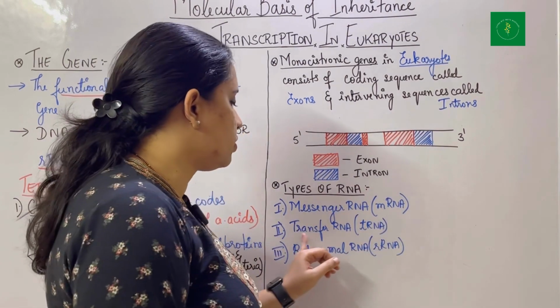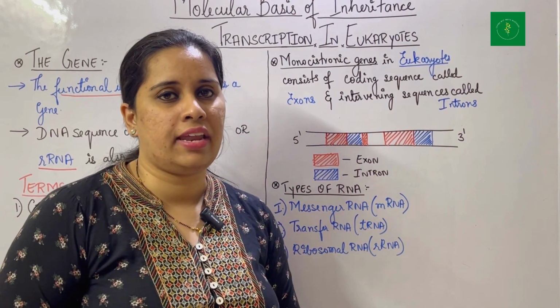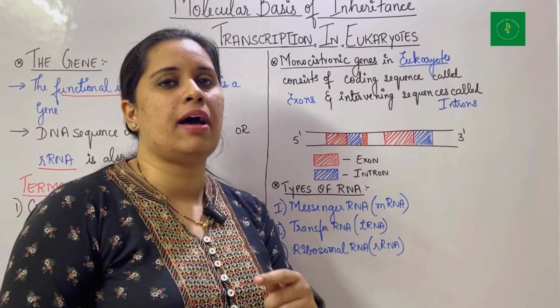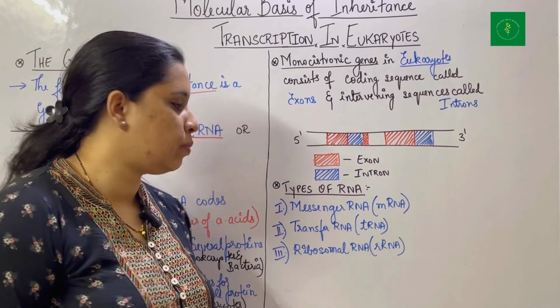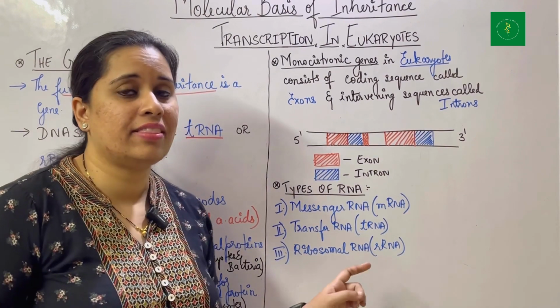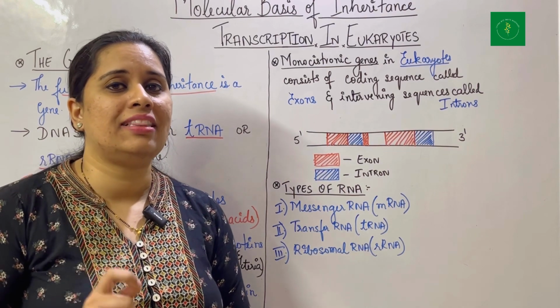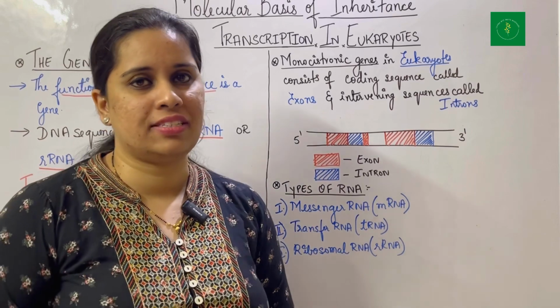The main function of tRNA is that it reads the genetic code and transfers the amino acids for protein synthesis. The main function of rRNA is that it is involved in the structural and catalytic role in protein synthesis.